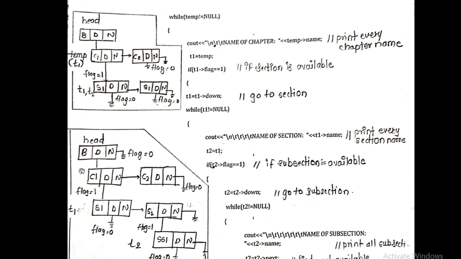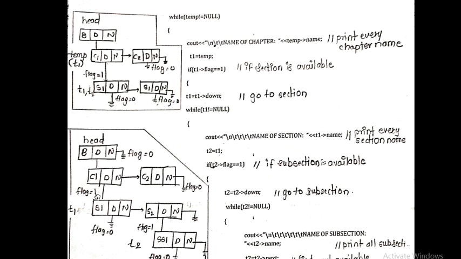So if T1 has its flag as 1, meaning the section is available, then we have to move that T1 to down. Okay, now T1 is showing the sections. You can see that the temp head is showing the book, temp will show the chapters, and now T1 will show the sections.